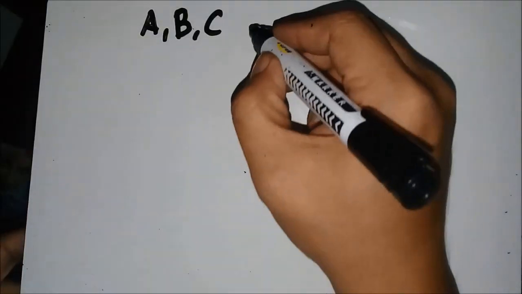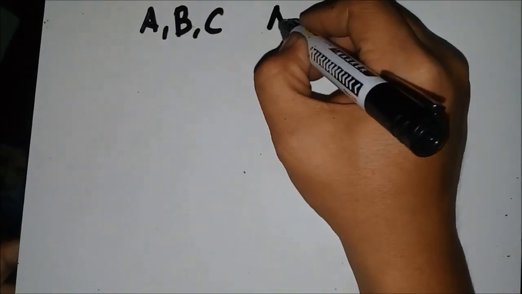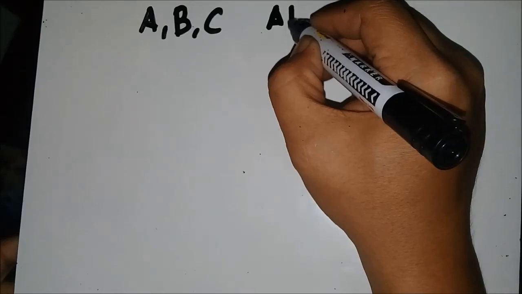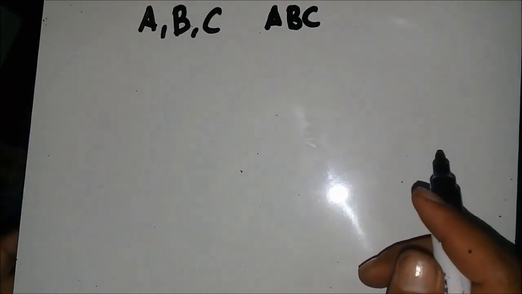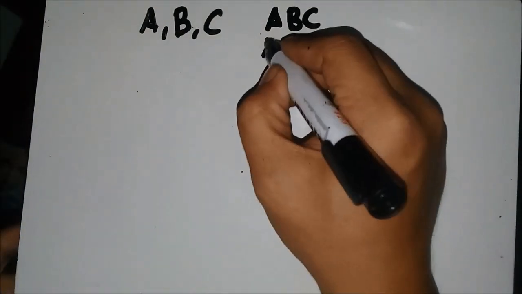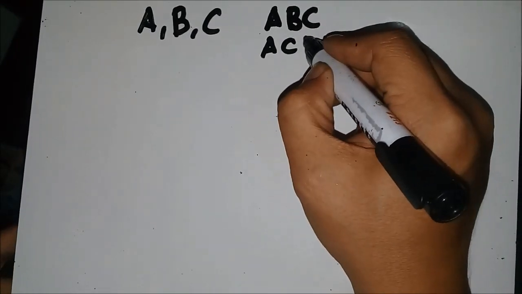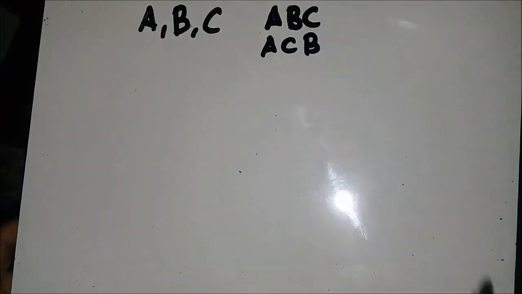The possible permutations are, if we are doing it manually, we have from A, B, C, obviously, in the first place, and A, C, B. Okay.